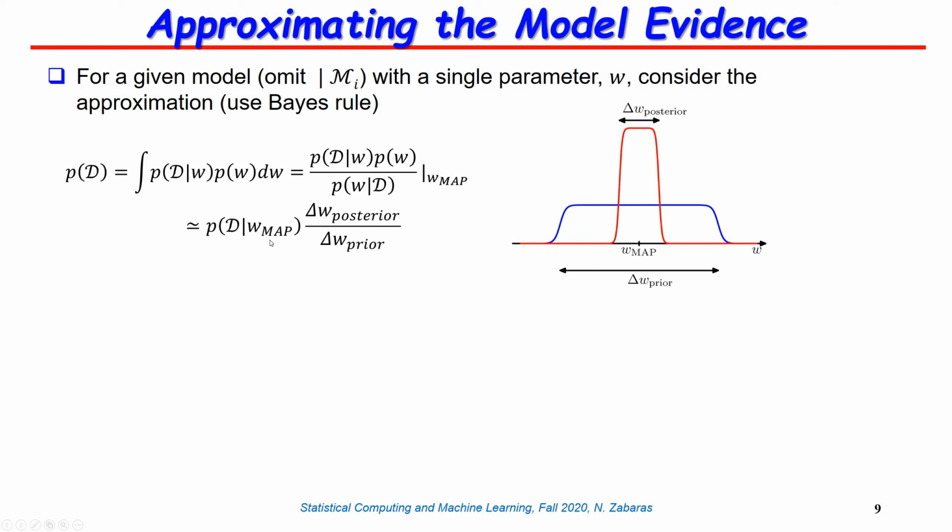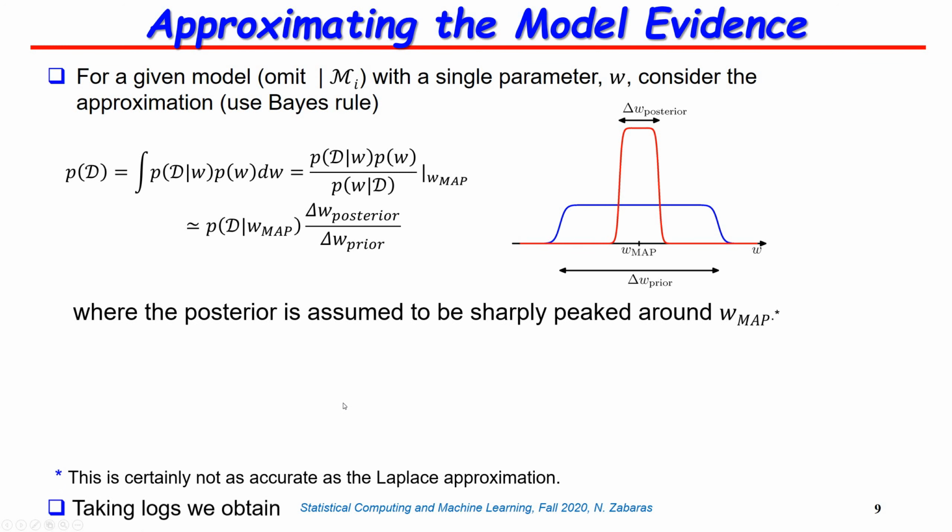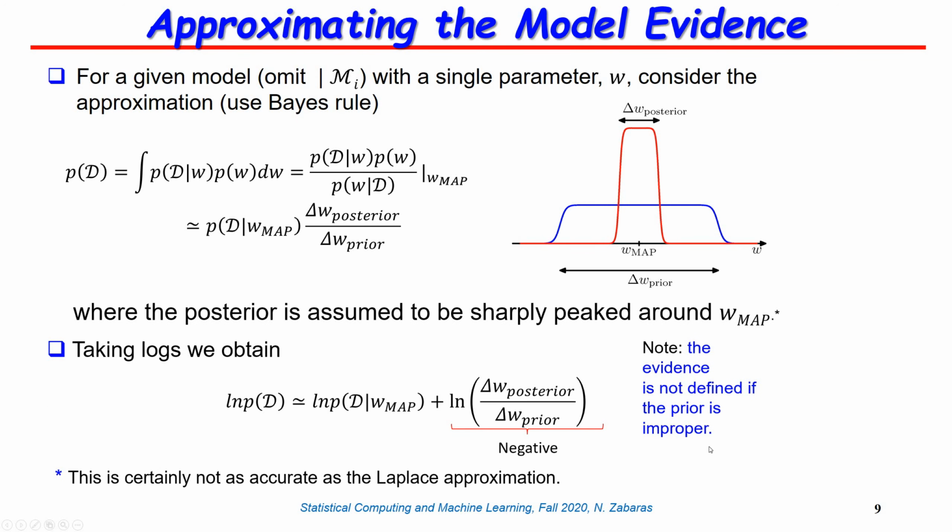And of course here I'm going to use my likelihood model evaluated at the MAP estimate. Now keep in mind that delta W posterior divided by delta W prior is less than 1. So if I take logs, my marginal likelihood can be written like this. And notice that this is again negative.